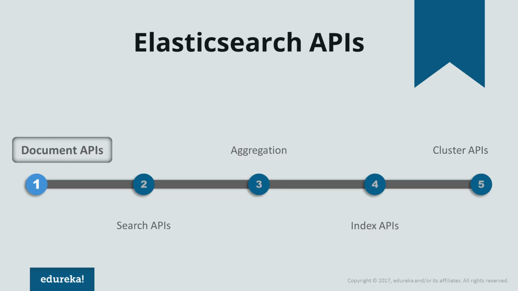Likewise, the search API is used for search across indexes and all types. Aggregation is used for aggregation. The index API performs operations at the index level. And with the help of the cluster API, you can perform operations at the cluster level.